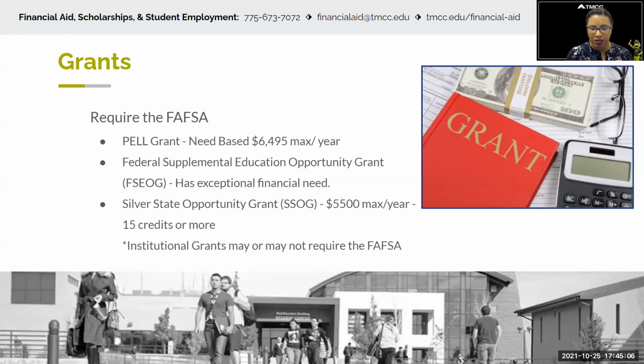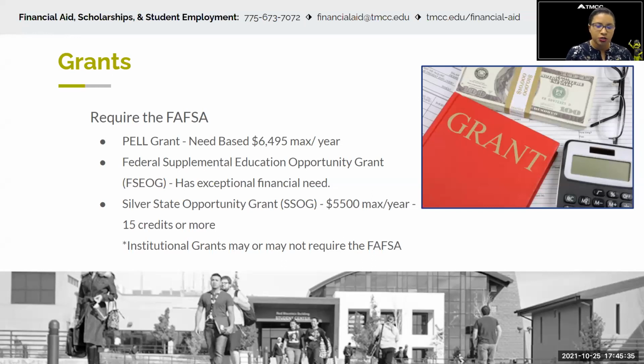It is need-based, so those who have a higher EFC, usually around the 5,000 to 6,000 mark, are not going to get the Pell Grant in most cases. But if you are eligible, you can get up to $6,495 simply by filling out the FAFSA and being degree seeking and taking 12 credits or more.